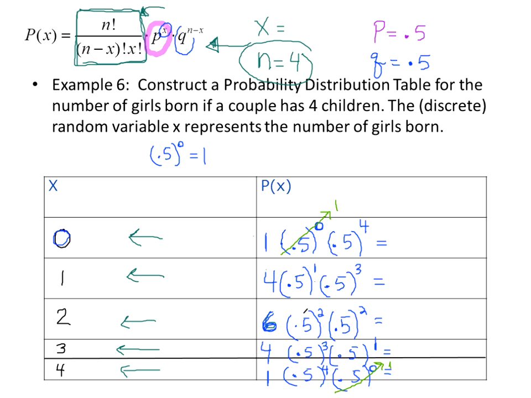We could put both. So here I said I had 1/16, and that as a decimal was 0.0625. This next one, we have 4 over 1/2 to the 3rd, that's 1/8.